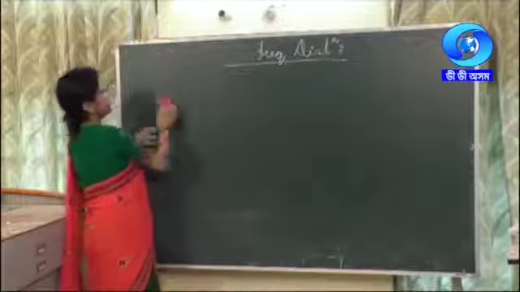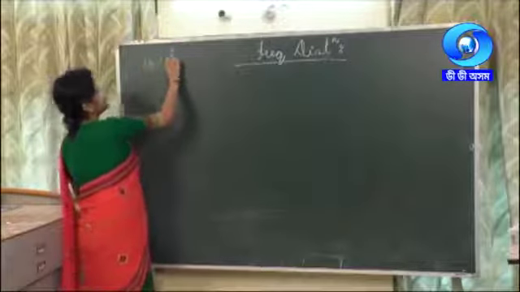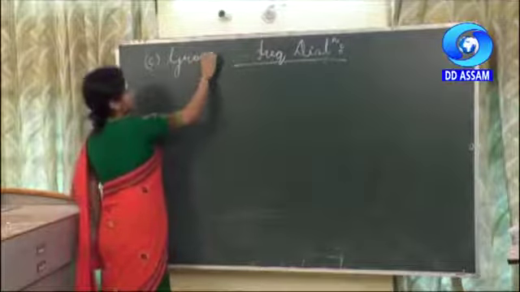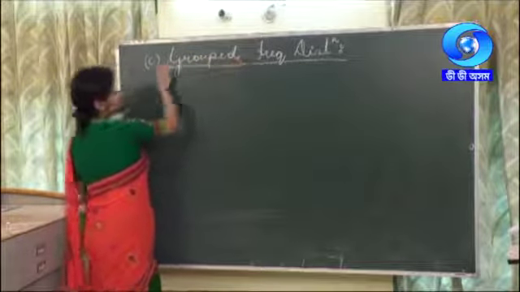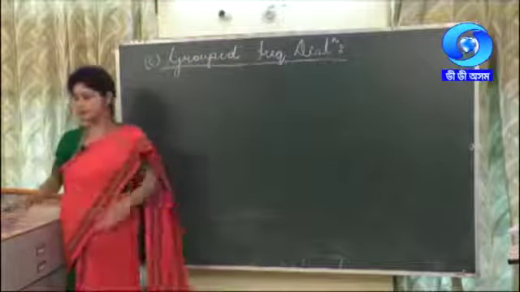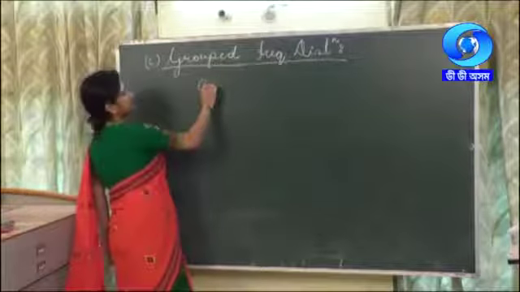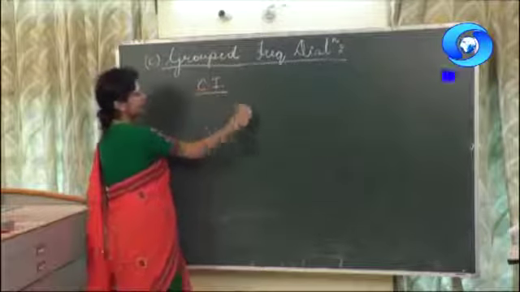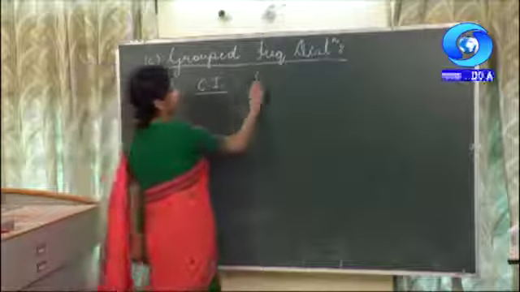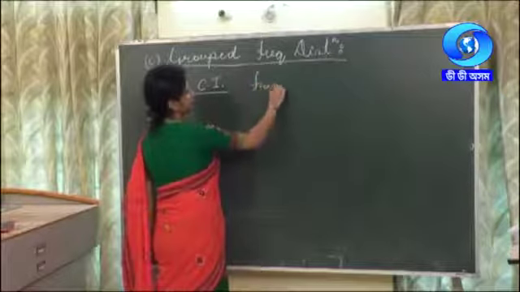The third form is a grouped frequency distribution or continuous frequency distribution. That is when class intervals are given, along with that frequencies are given to you.